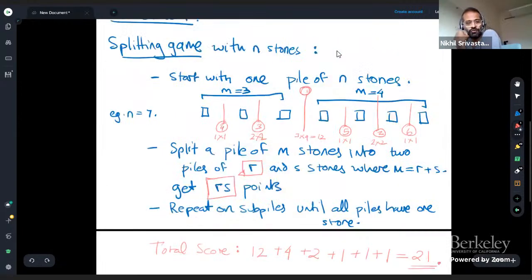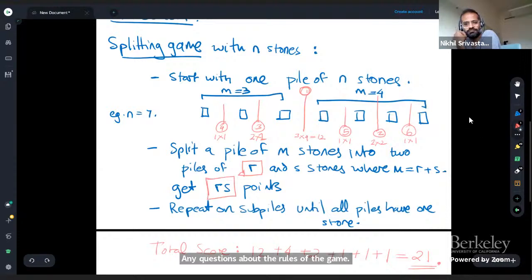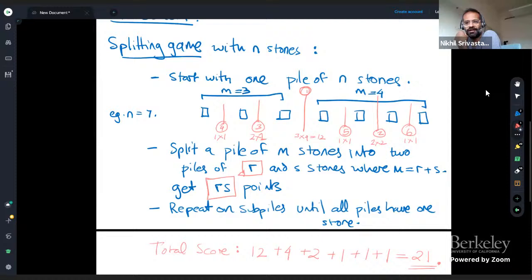So any questions about the rules of the game? Okay, so now I want you to spend a minute and see if you can beat my score. So just pull out a piece of paper, draw 7 stones, and see if you can get more than 21 points.